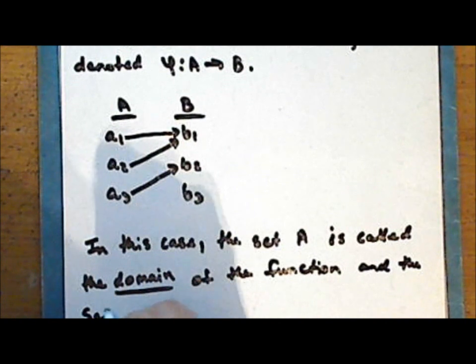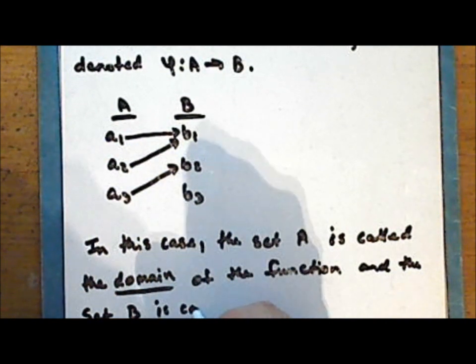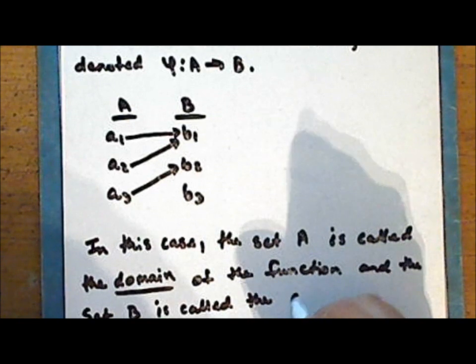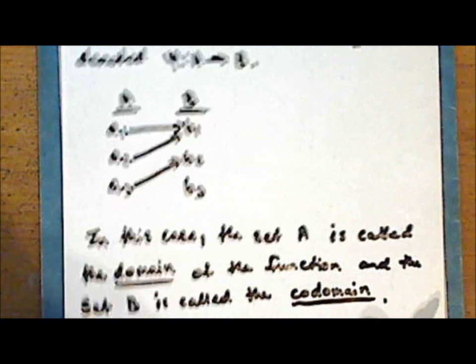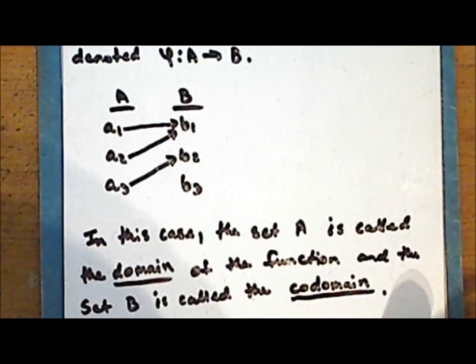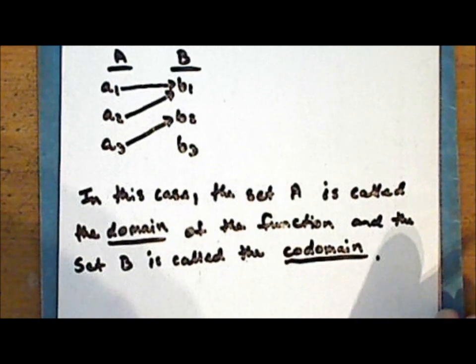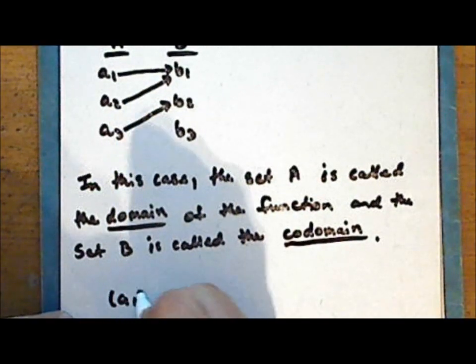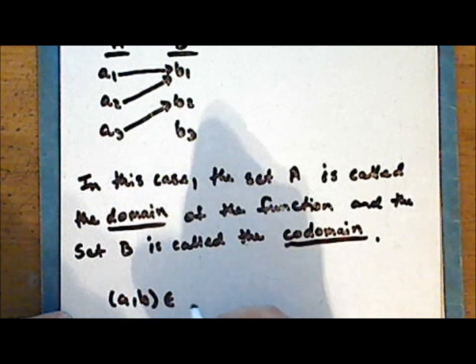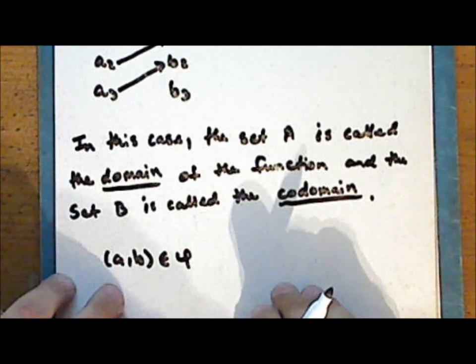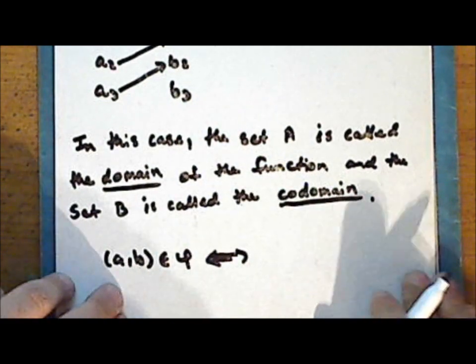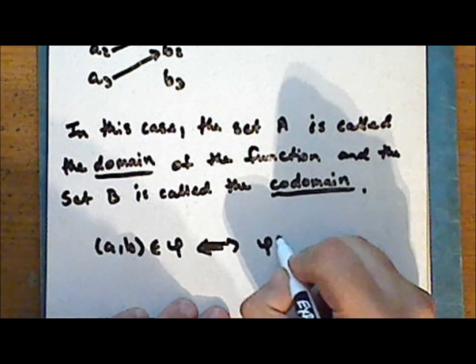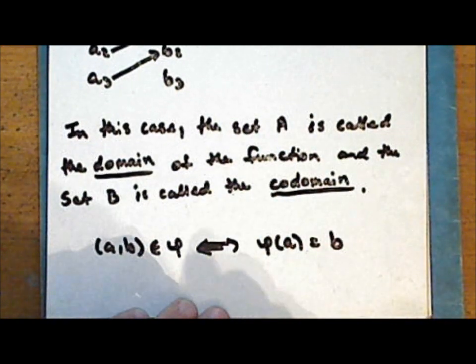And the set B is called the codomain. Now, with a function from a set into a second set, we generally do not show by explicit ordered pair notation that a given ordered pair is in the function. Rather, we use functional notation and say that phi of A is the element B. Okay?